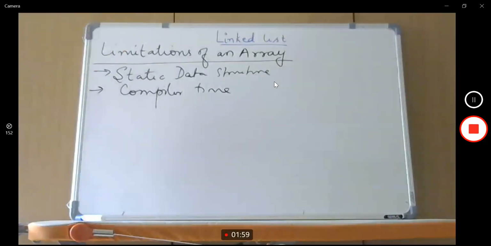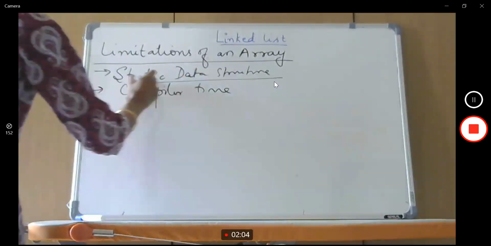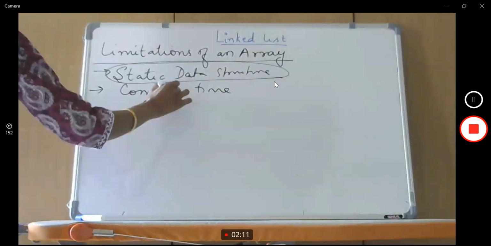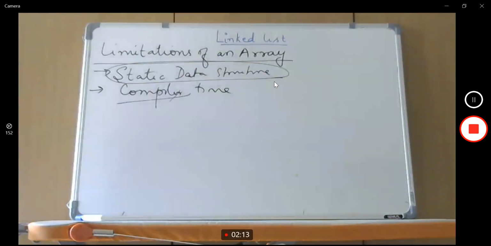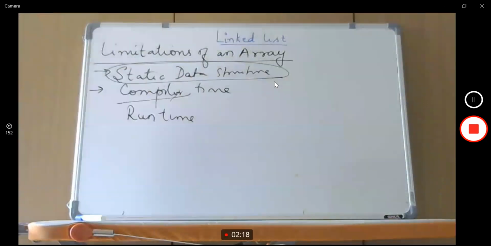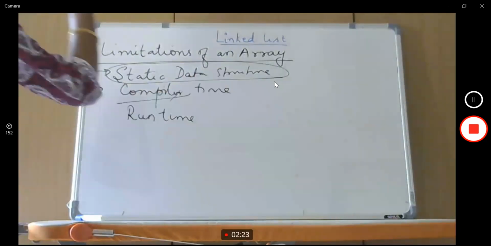I can neither increase the size nor decrease the size. That is why you call it a static data structure. Once the memory is allocated at compile time, it cannot be changed during the runtime. So we don't call it a dynamic data structure. We call it a static data structure. That is one of the biggest limitations of array.